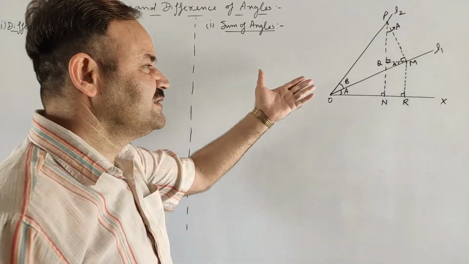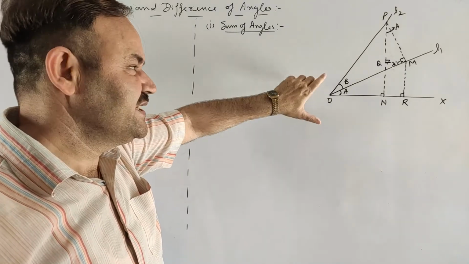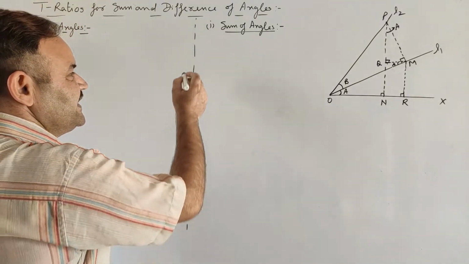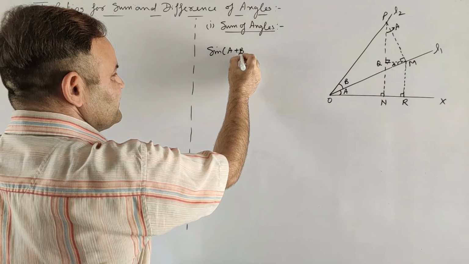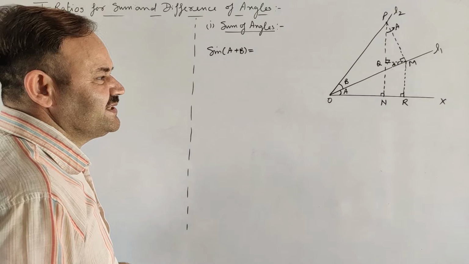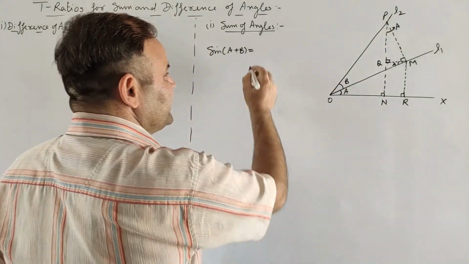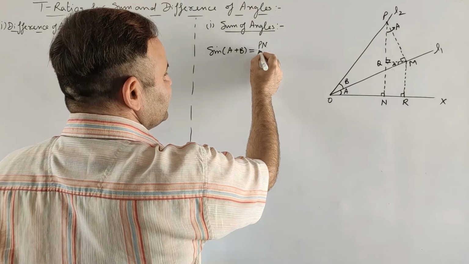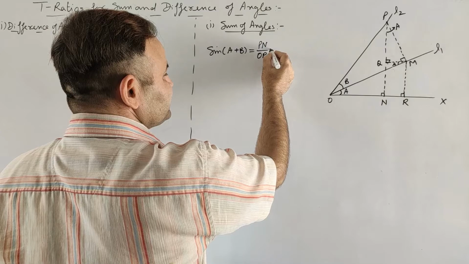So now we will start to obtain the T ratio for sine A plus B. Sine A plus B, say first we want to find out. Then sine A plus B means perpendicular upon hypotenuse, that is PN upon hypotenuse OP.